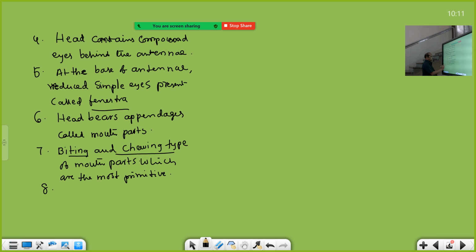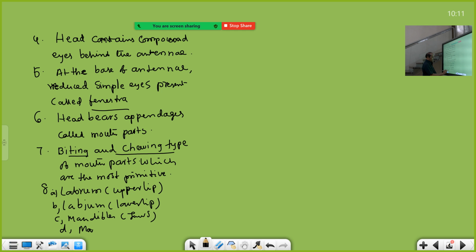Okay, what are those mouth parts? Labrum, in the bracket you write down upper lip. Labium, in the bracket lower lip. Mandibles, you can also write jaws.